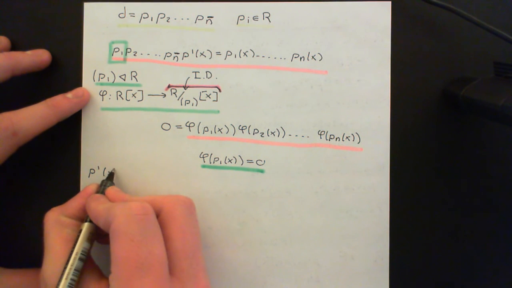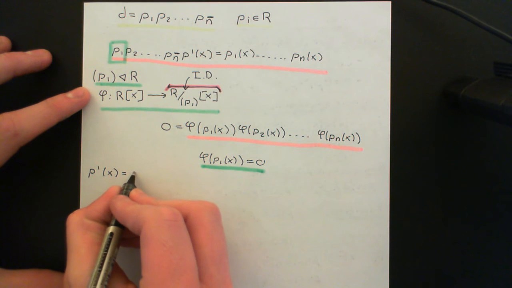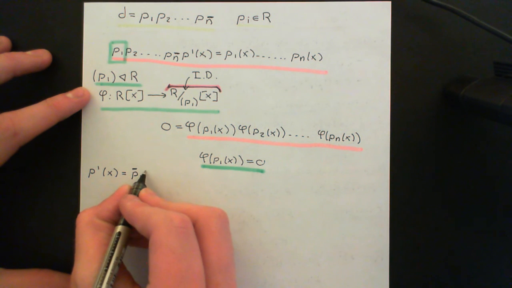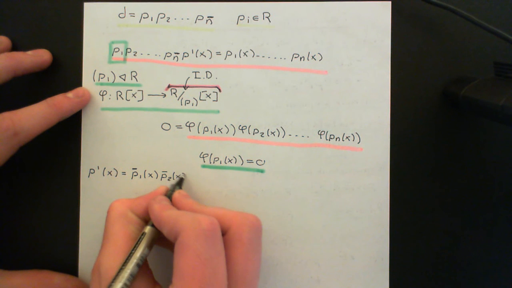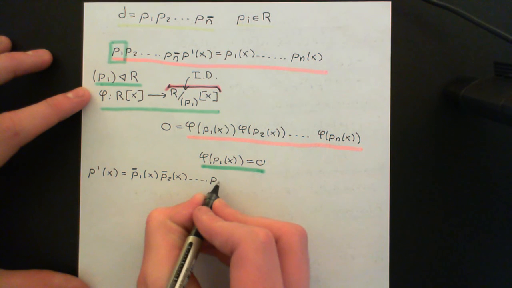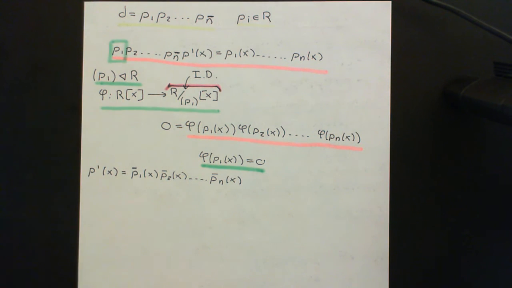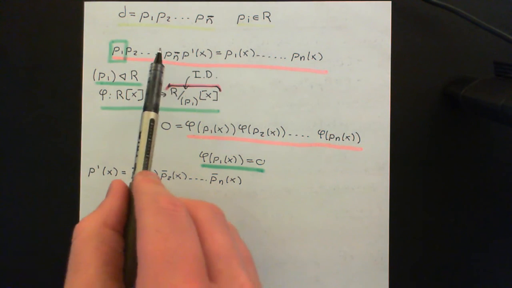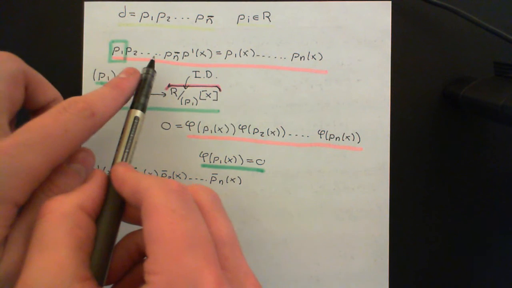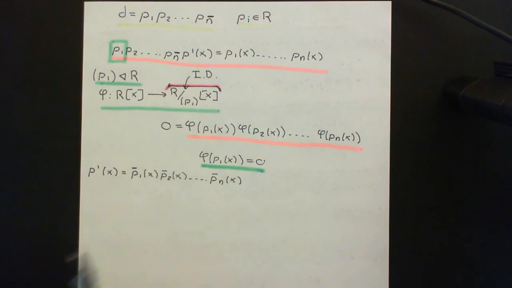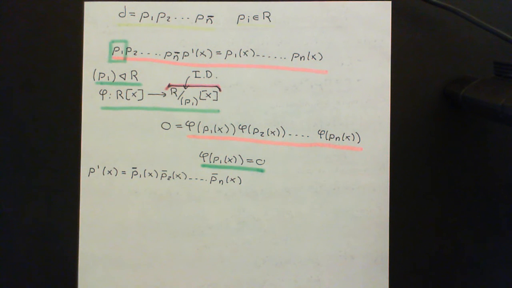So you'll get now that P prime of x is equal to, and the final thing that I'll write here, P1 bar of x times P2 bar of x all the way up to Pn bar of x. I hope you understand what I've been saying here. We are going to go through this process of cancelling away all of these P1, P2, all the way up to Pn, and the argument applies just as well for all of them.